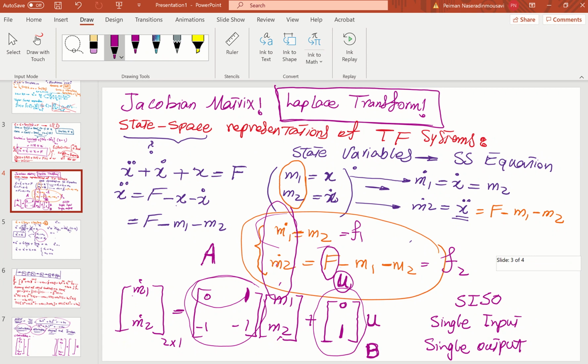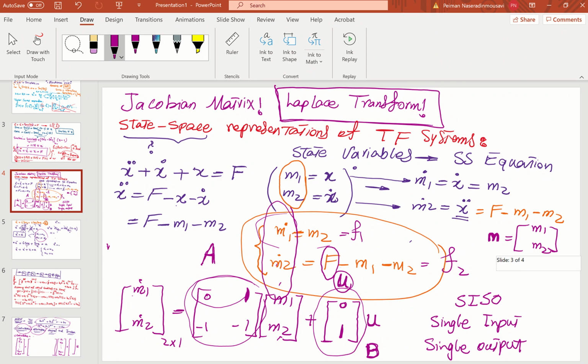Okay. So now I can lump this system by saying that, if you look at here, I'm defining bold M as the vector of M1 and M2. I define it, okay? So this is going to be M dot.